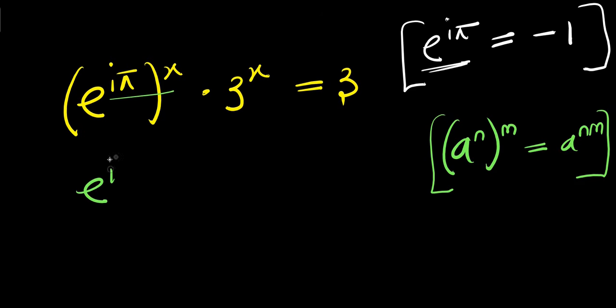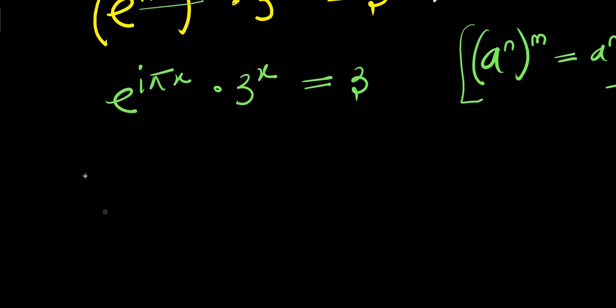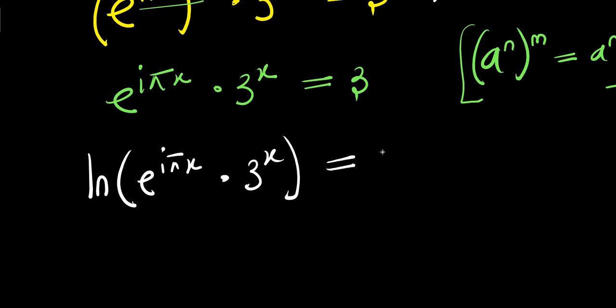We have e^(i times pi x) times 3^x equals 3. Now we can apply natural log. We have natural log of e^(i pi x) times 3^x equals natural log of 3.